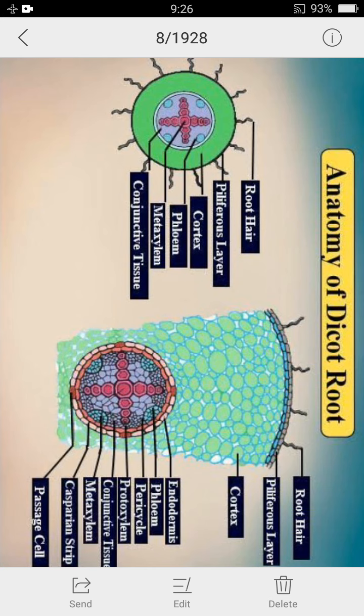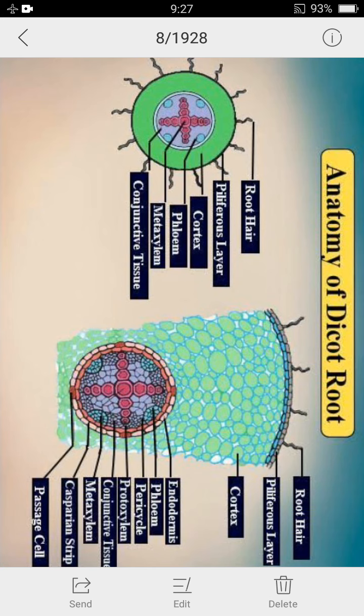Please make a note. I repeat, what are Casparian stripes? The tangential as well as radial walls of the endodermal cells have a deposition of water impermeable waxy material suberin in the form of Casparian stripes.